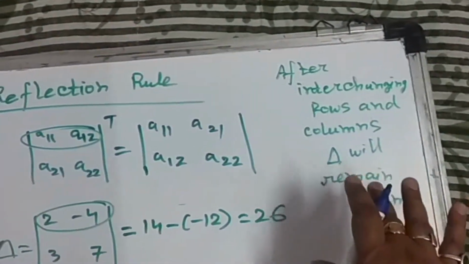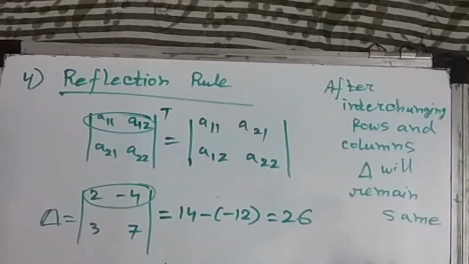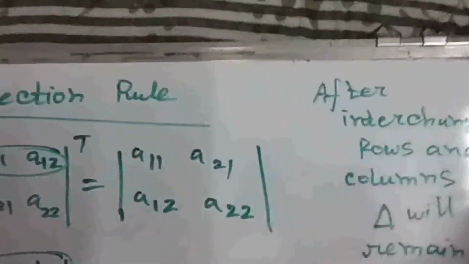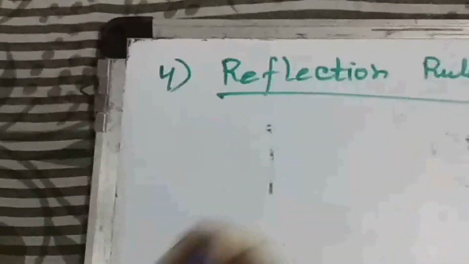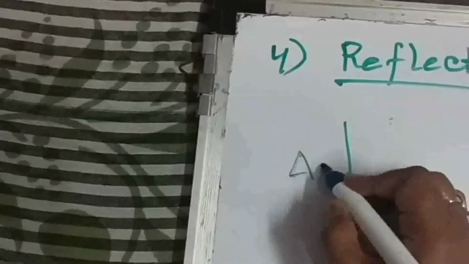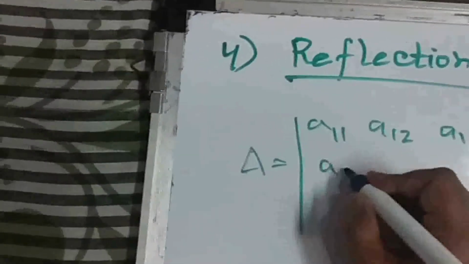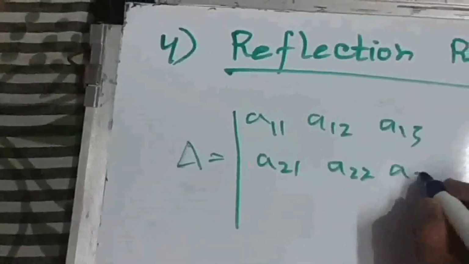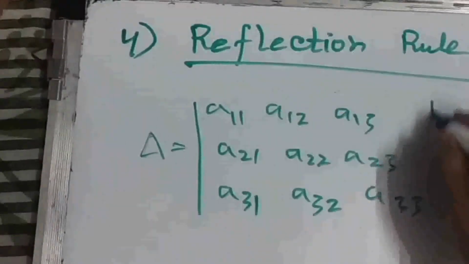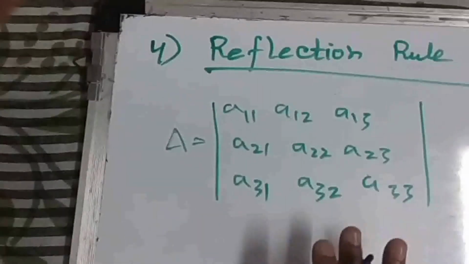Same thing will be for 3 into 3 matrix also. If you change rows and columns of 3 into 3 matrix, the same thing will follow. So in 3 into 3 what is happening, you see? 3 into 3, say del equal to A11, A12, A13, A21, A22, A23, A31, A32, A33. In 2 into 2 I have changed first row into first column.